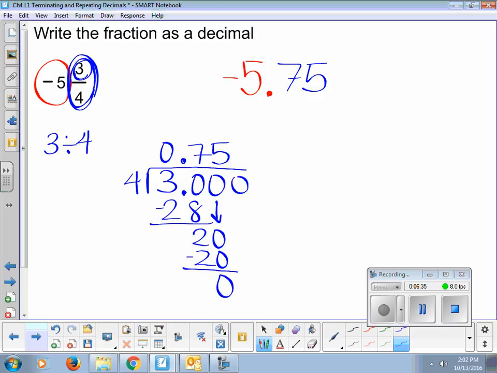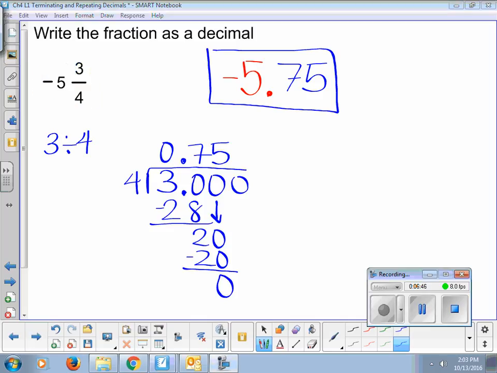Okay, so -5 and 3/4 written as a decimal is -5.75. If you wanted to, you could change this to an improper fraction and then divide. We know that we have a negative number, so our fraction is still going to be negative.